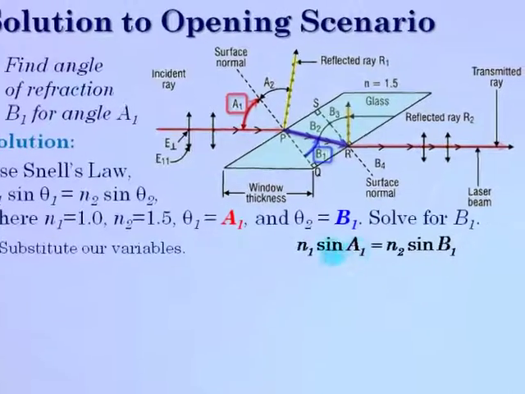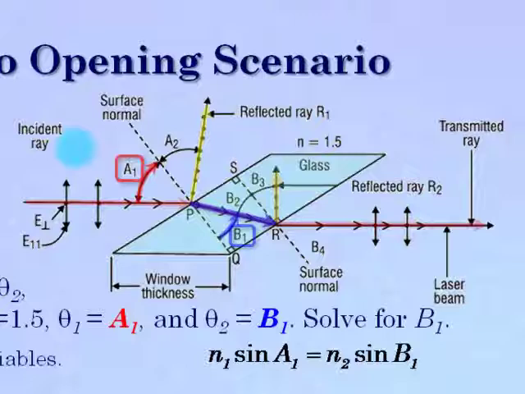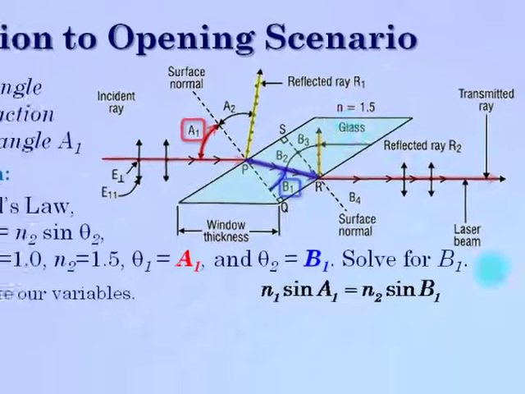And here in our case, n1 is the index of refraction of the media outside, which we'll presume is air, with an index of refraction of 1. And n2 is the index of refraction of the media that we're going into, which is 1.5. Angle A1 is the angle of incidence in the air, and angle B1 is the angle of refraction inside the media, or in this case, our glass.